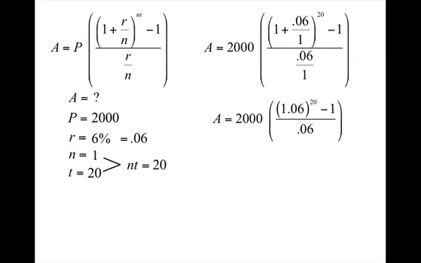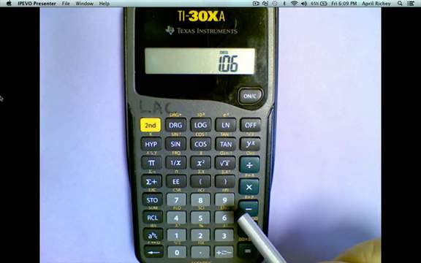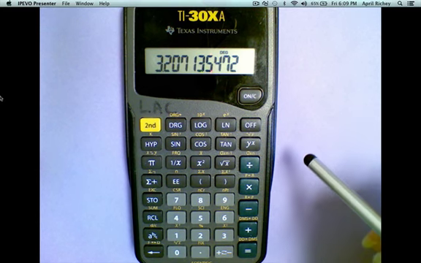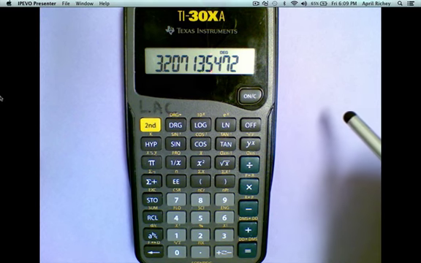Now, if you left it the way it was and did it all on your calculator, that's fine. But this is what I'm going to type in my calculator. I'm going to begin with the 1.06, and raise that to the 20th power. That gives me 3.207, and all of these decimals continue on.